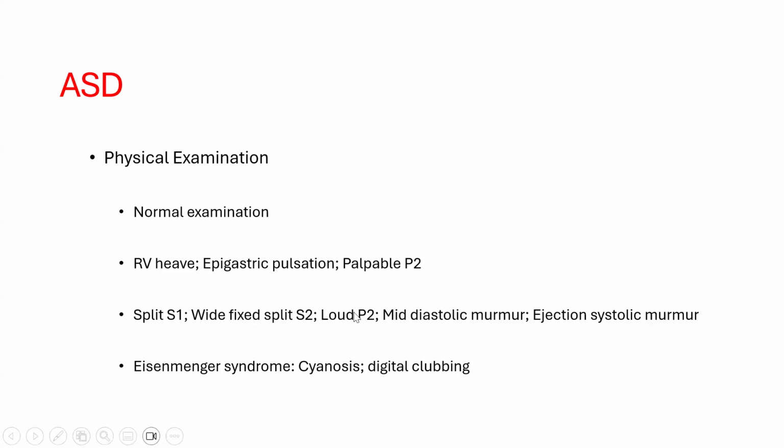Now, you may also hear a loud P2 in keeping with pulmonary hypertension, a mid-diastolic murmur at the left lower sternal border from the rush of blood across the tricuspid valve, and an ejection systolic murmur from the rush of blood across the pulmonary valve. If this goes unchecked and you end up with Eisenmenger syndrome, then you end up having patients who are cyanosed with digital clubbing.